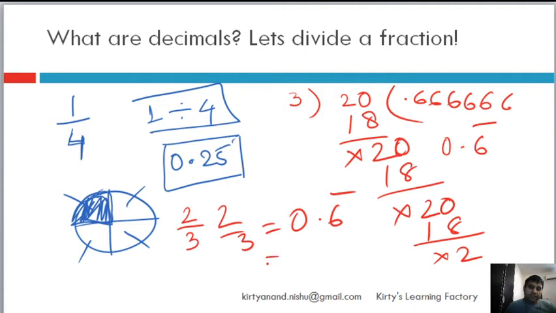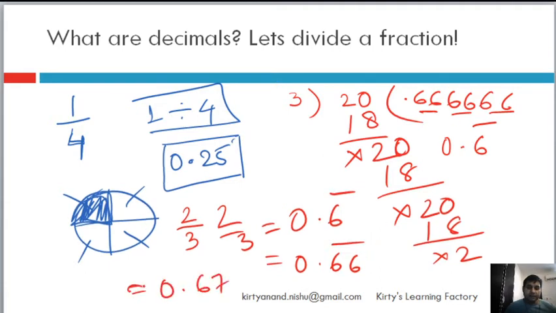And we can also write it as 0.66 with a dash, which would be more appropriate, because then it is a closer value. We can also make it approximately equal to 0.67.